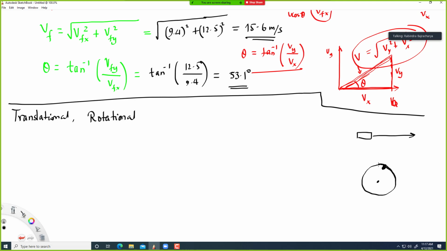Okay, let's say you have a door. So this door is fixed at this pivot or hinge. You apply force, the door will rotate. Okay, so that's also rotational motion. So in this chapter, we'll be talking about rotational motion. And there is also a third type of motion which we'll talk about in the next chapter, which is vibrational motion.